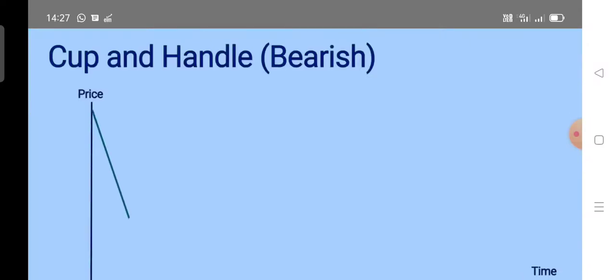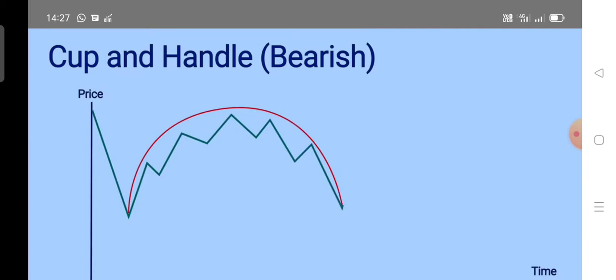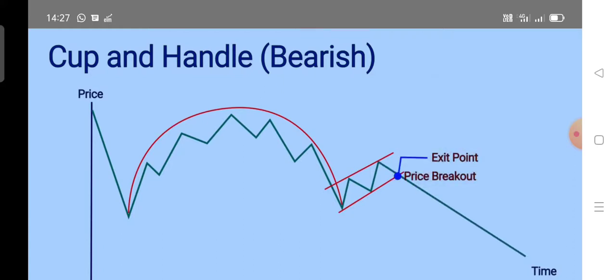Similarly, let us talk about a cup and handle pattern in the downward direction. After a substantial down move, if we can see a reverse cup or inverted cup kind of thing formed there, and then there is a corrective up move, and then eventually the edge of the cup is broken in the downward direction.